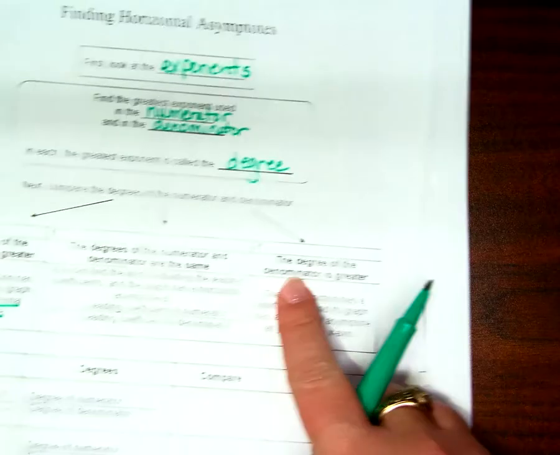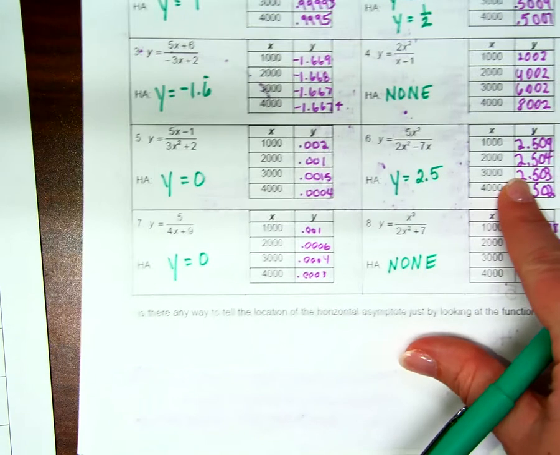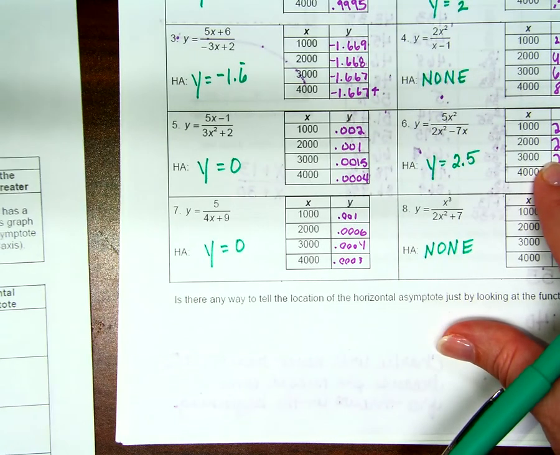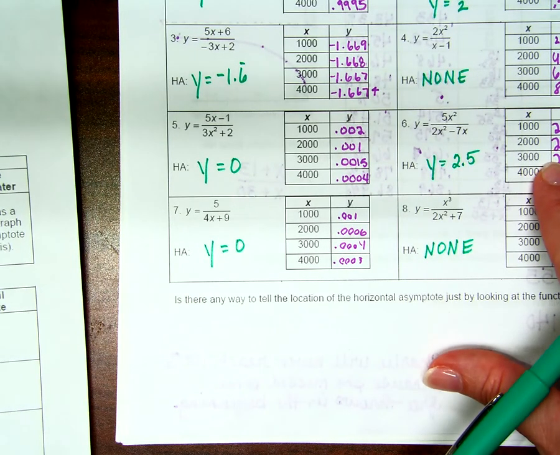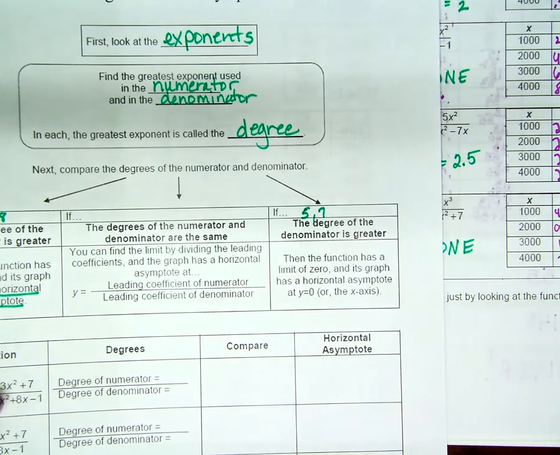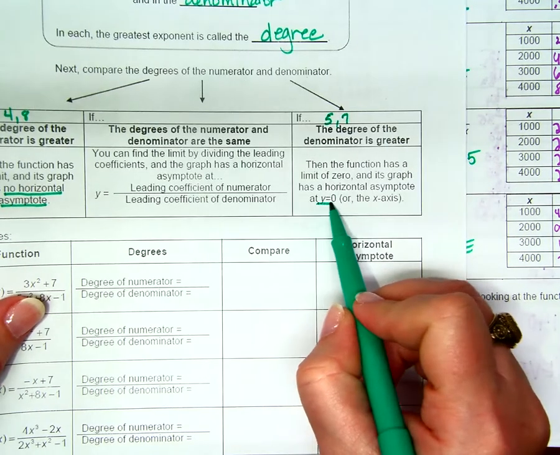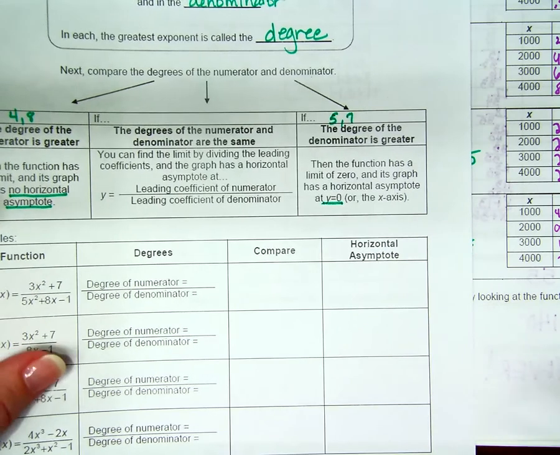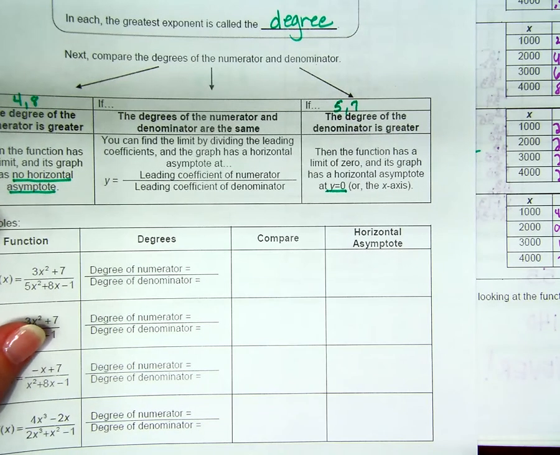Jump over to the other side. If the degree of the denominator is greater, for example, 5 and 7, then automatically y equals 0, or the x-axis is the asymptote.